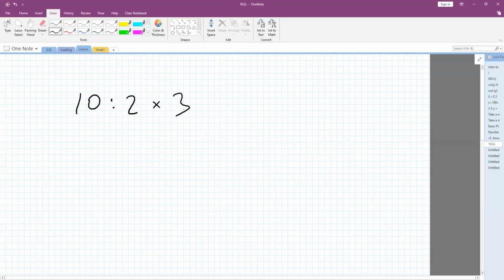That's 15. So in this case, you divide 10 by 2, which is 5, times 3, 15. So actually, in this case, we have to be careful now.